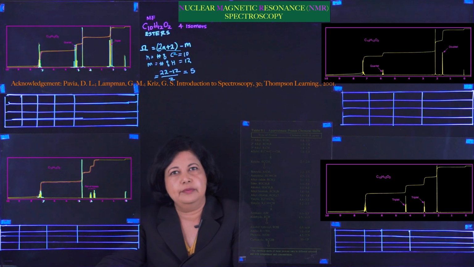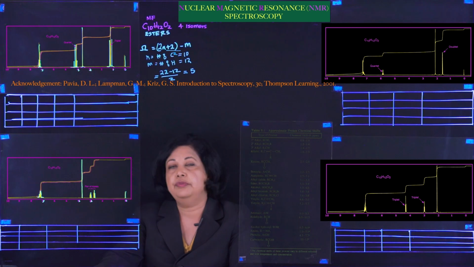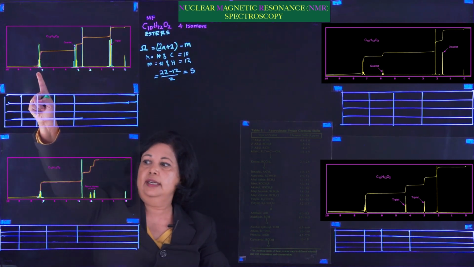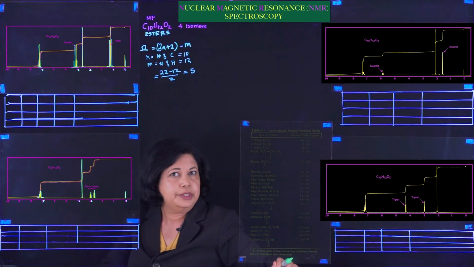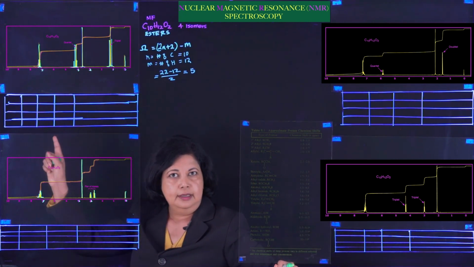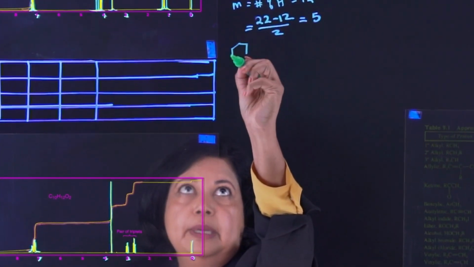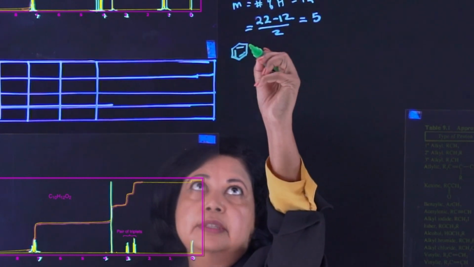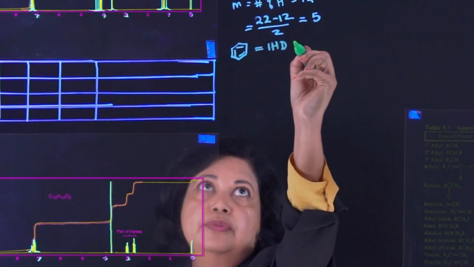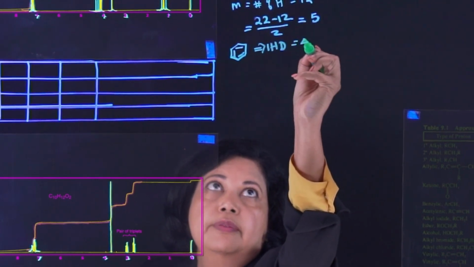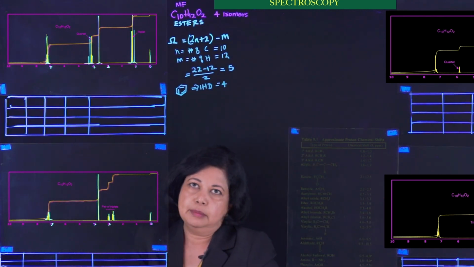Well, last time we looked at something that had a lot of unsaturation, and we said that if you had something around 7, and look at this, they all have a peak around 7, then we should think about benzene. So 4 of this would be for benzene, and then we would have an IHD of 4. Therefore, in addition to a benzene, you could have another ring or a double bond.